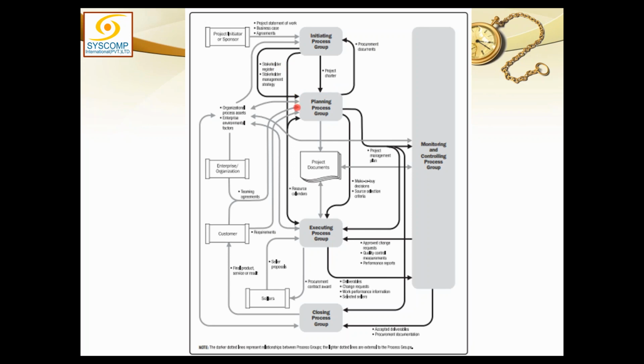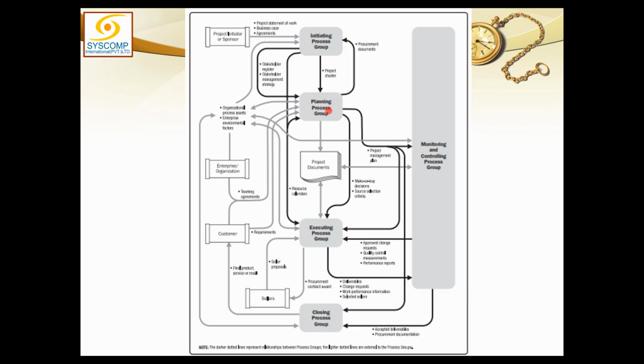We have teaming agreements coming from the organization and customer jointly. We have requirements coming from the customer, and we have resource calendars which may be coming either from initiation or execution. Mostly from execution. So if we don't have any resource calendars right now, in our first go, then we will assume the resource calendars.